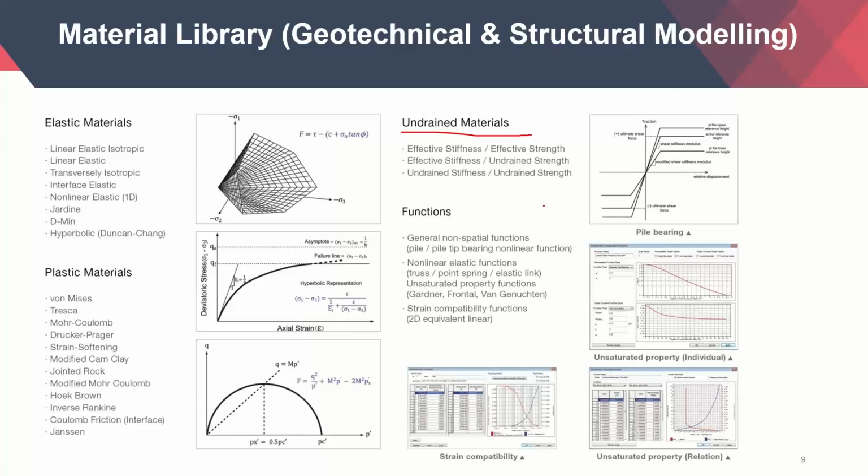Also, for people who are working with dams or seepage methodologies, you can use the Gardner coefficients or the Fredlund functions or the Van Genuchten functions to define your soil water characteristic curves or SWCC curves. We also have strain compatibility functions for 2D equivalent linear modeling.